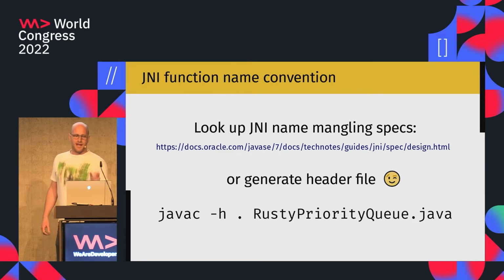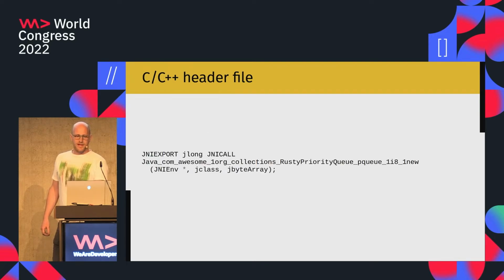There is a flag for the Java compiler, javac, which lets you do that with -h. And then you get a C header file, and this is the function declaration, how it looks. You can see that it also encodes the package name and the class name. It's pretty ugly to read, and it passes a couple of JNI-specific parameters.